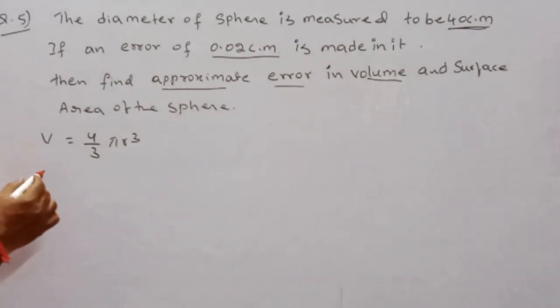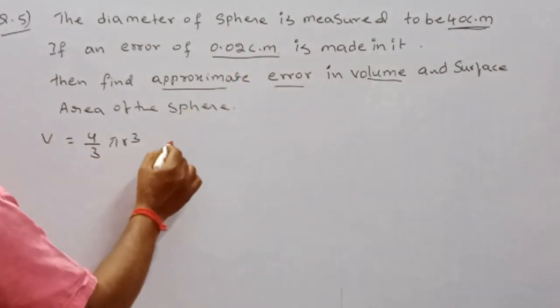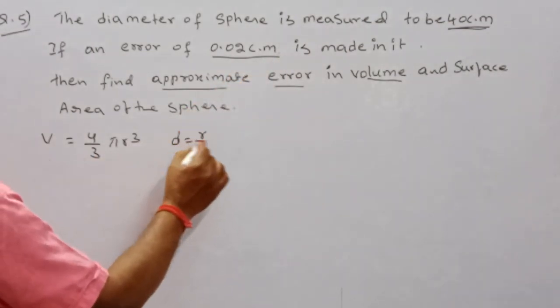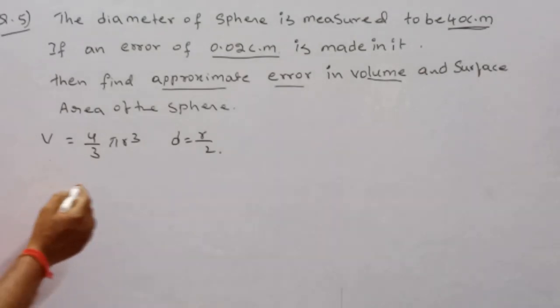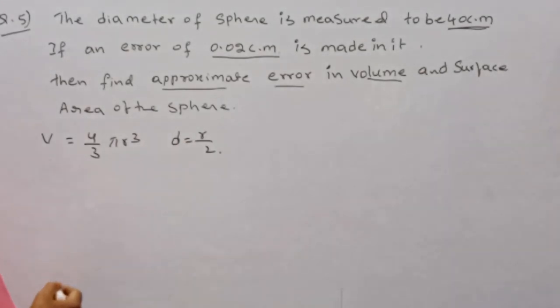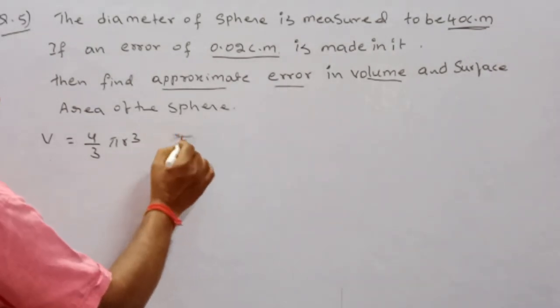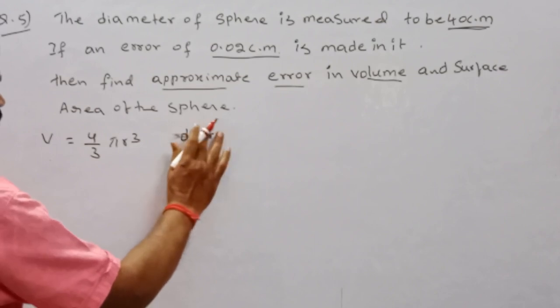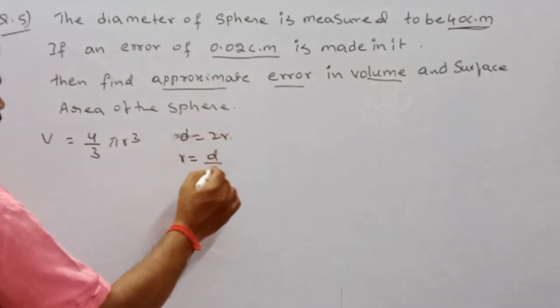So here given diameter D is equal to 2r, and r is equal to D by 2.